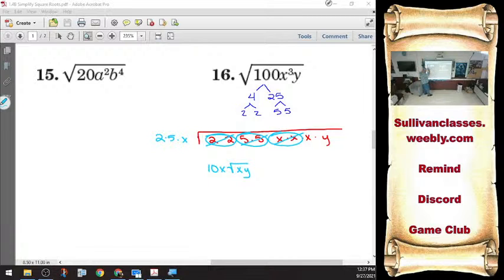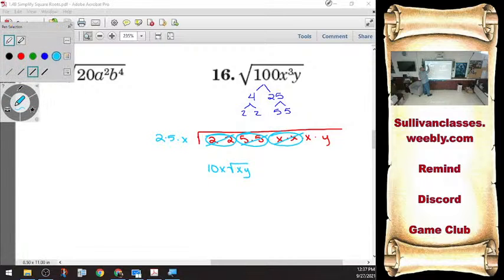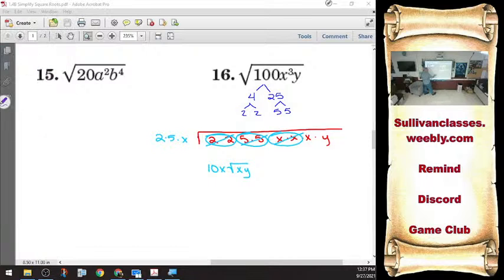But anyway, this was writing it out longhand. There's a shortcut that says, isn't 100 one of my perfect square numbers? I know y is not going to be a perfect square because it's just a y.